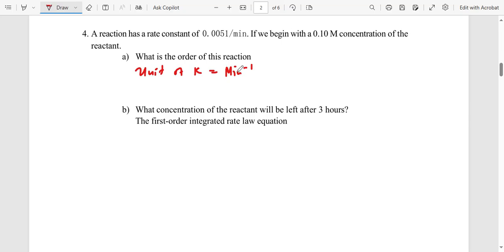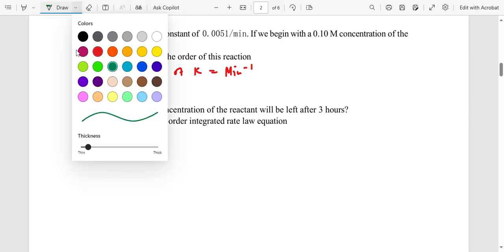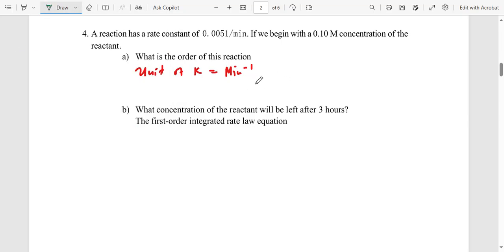So if you want to find now the order of the reaction, remember the unit of K is given by molarity to the power 1 minus n, and then time to the power negative 1. So this general formula for the unit for K should be equal to this one, minute to the power negative 1. But we don't have any molarity here.